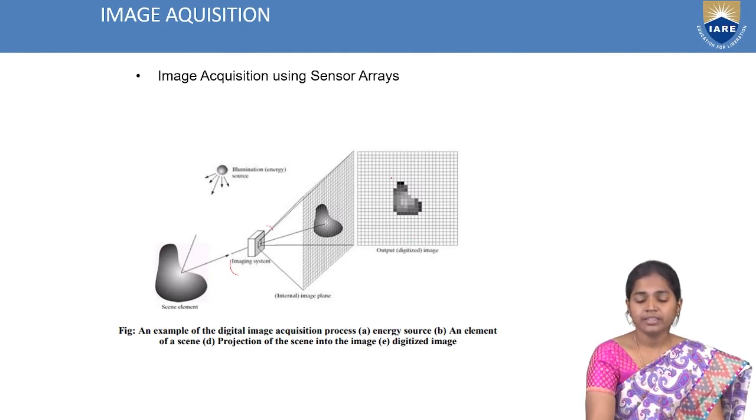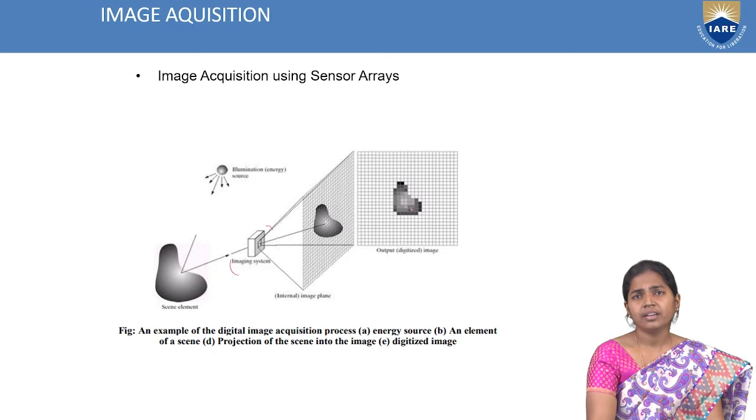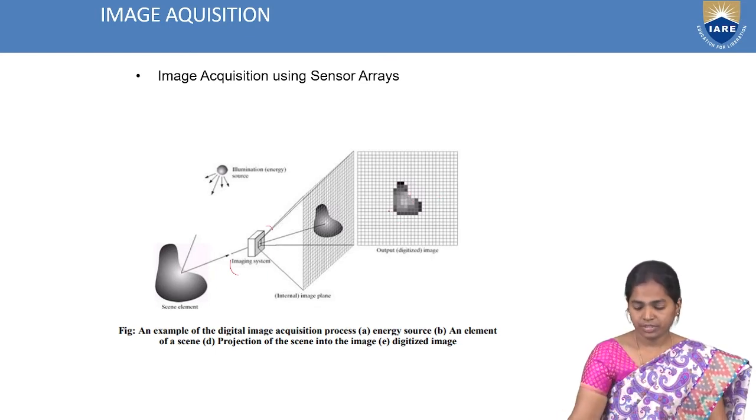Here each and every pixel, this is black color, here it is white color. Depending on gray level value, how many samples there are, and depending on quantization, how many bits we use in each pixel, based on that it gives the output.